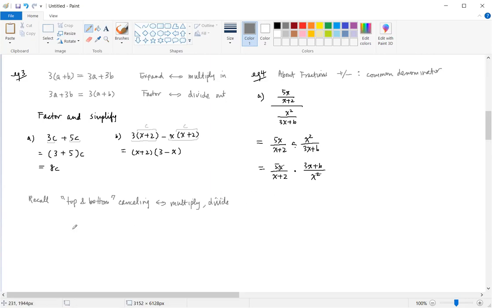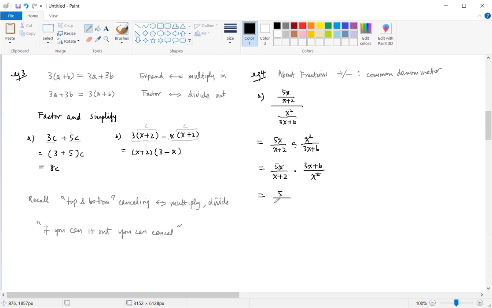So if you are not sure when you can cancel something, you can say this simple line to yourself: if you can factor it out, you can cancel. Because factoring it out means you have multiplying blocks.